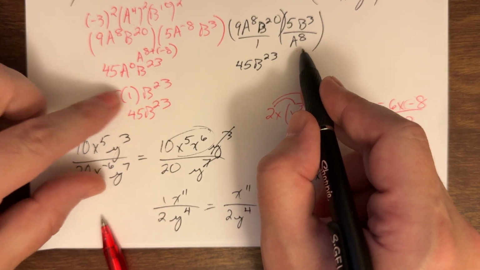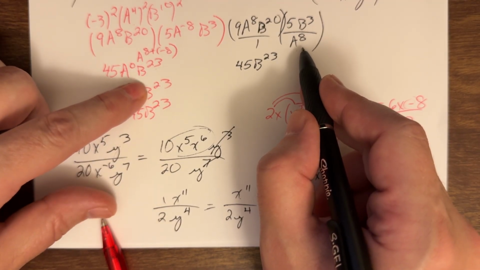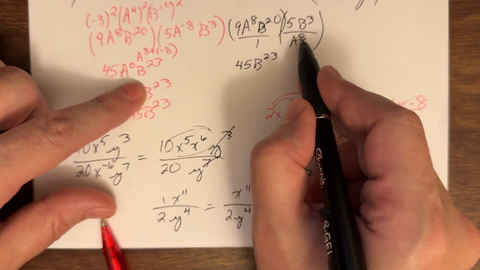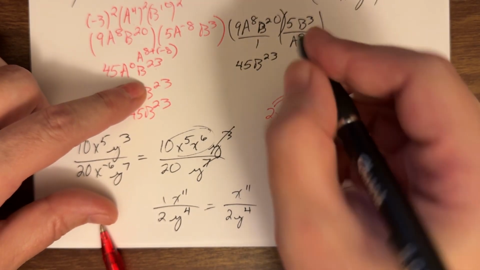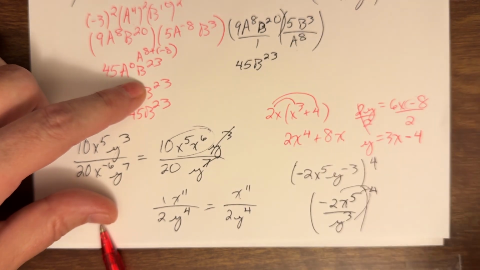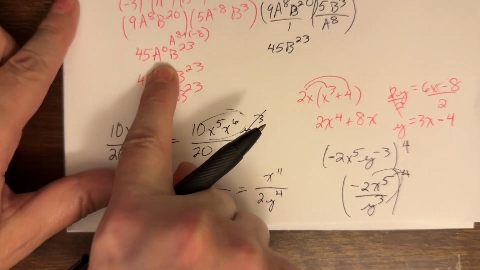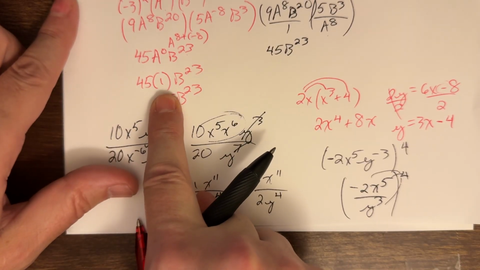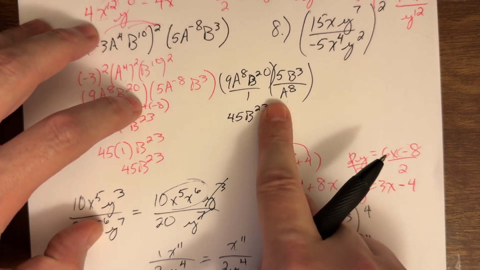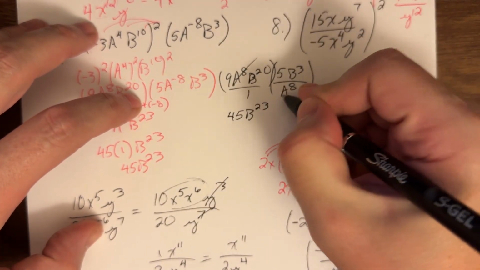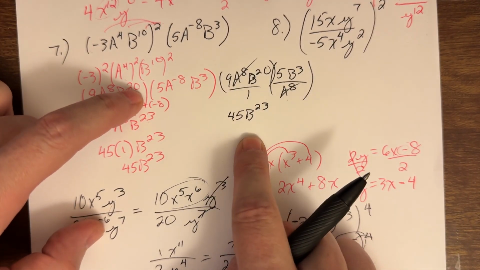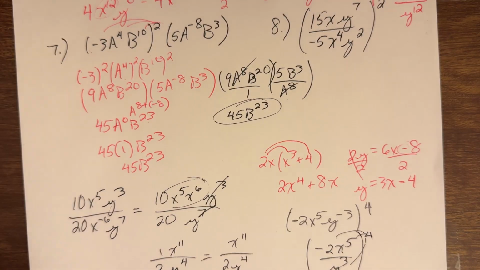And now, if you're a rule person, it becomes a more straightforward a to the 8 minus 8, nothing too fancy with any extra negatives, and that'll become a to the 0. So we're right back where we were here. The a to the 0, you'd replace with a 1. If you're a concept person, they just perfectly cancel. All the a's cancel. There's no a's left. 45b to the 23rd.